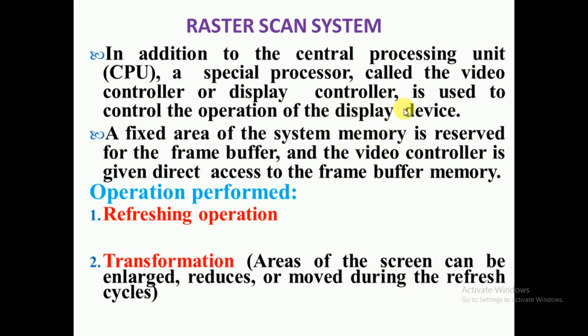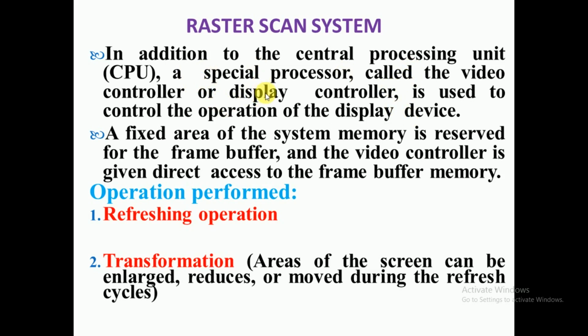For example, whether you are using a CRT or a flat panel or whatever monitor, how to take content from the frame buffer and display it on the monitor, only this processor takes care of this. The display processor only takes care of how to display the output of graphics, which may be available in memory.